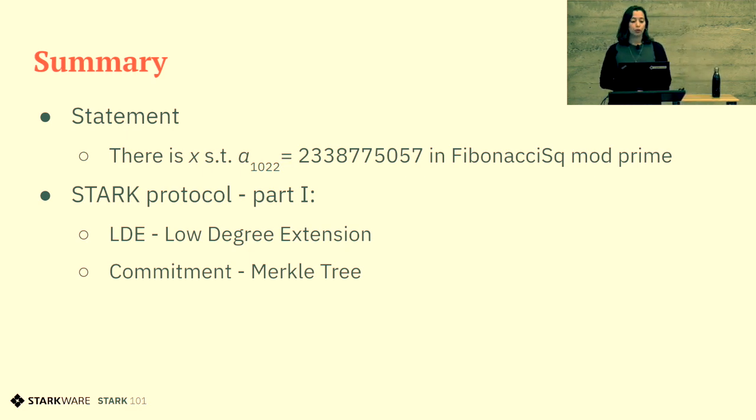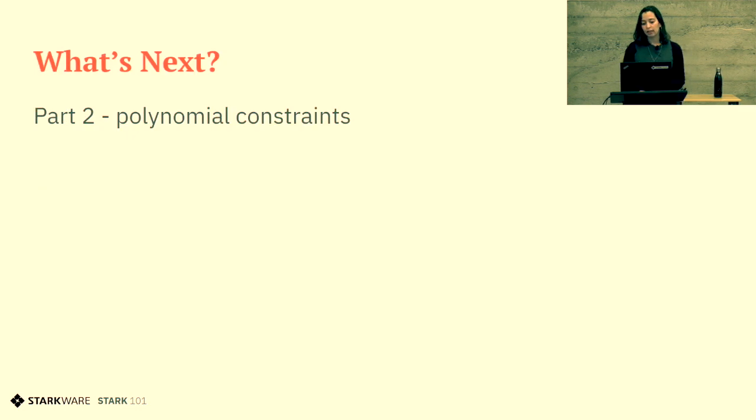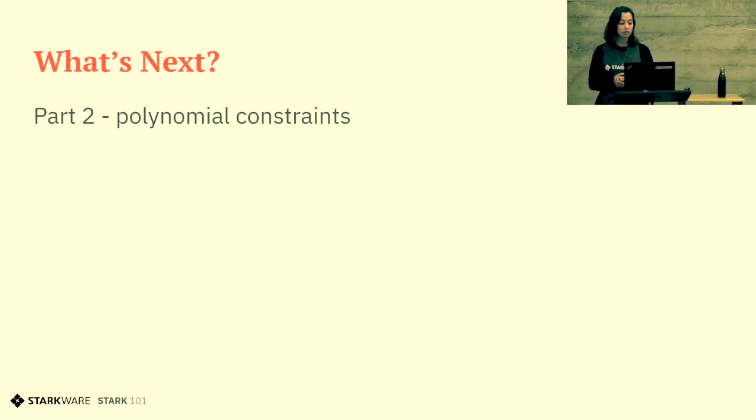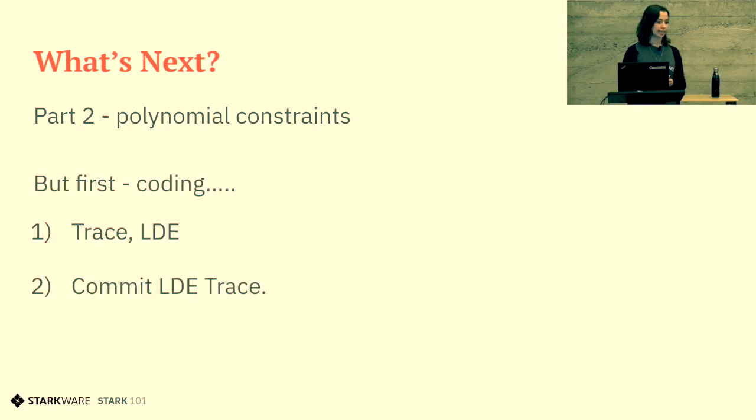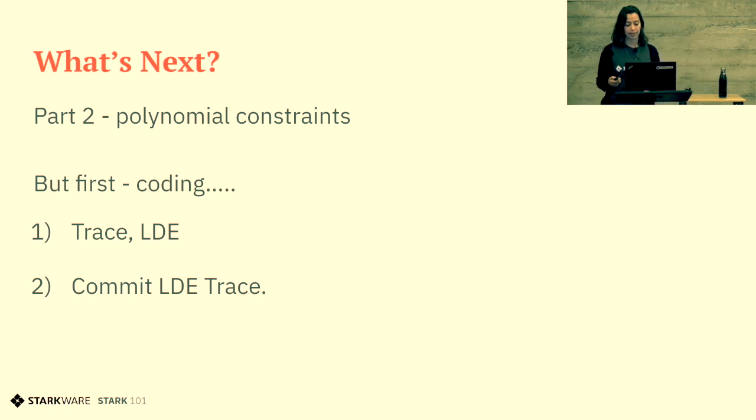In part two, we are going to understand how to generate some polynomial constraint that will help us to prove our statement. But first, now it's time for coding. So you are going to code the low-degree extension of the trace, and then to commit on the low-degree extension trace.